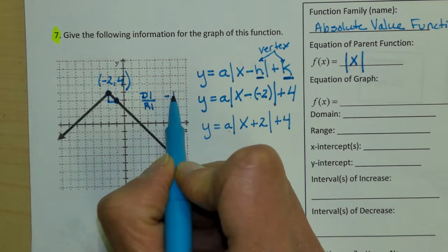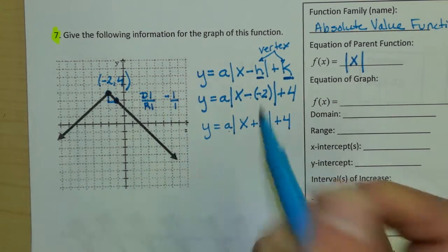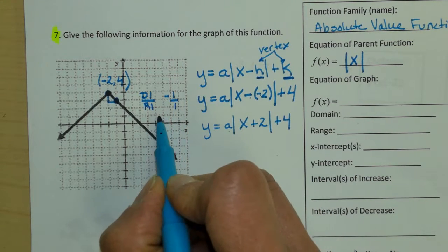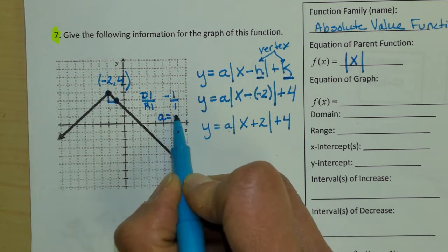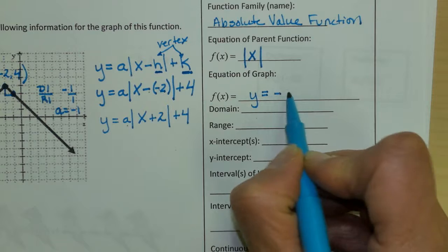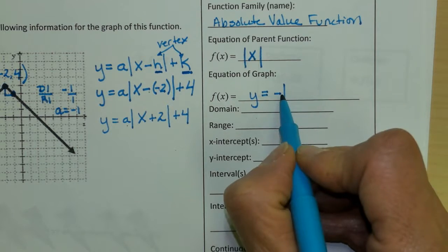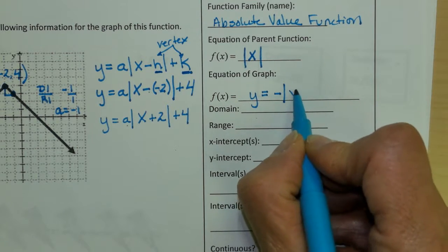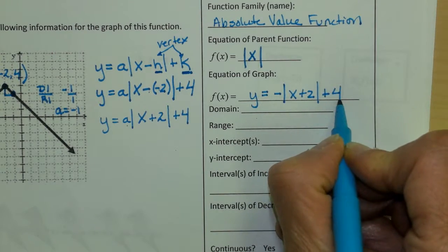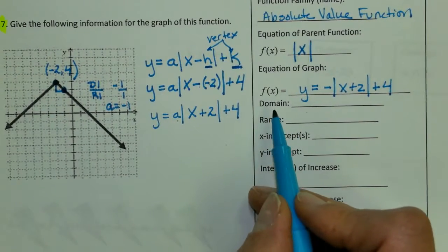So down 1 is -1, right 1 is +1. -1 divided by 1, so this means my a is -1. So the equation of the graph is y equals negative absolute value, you could write -1 if you want, x plus 2 plus 4.